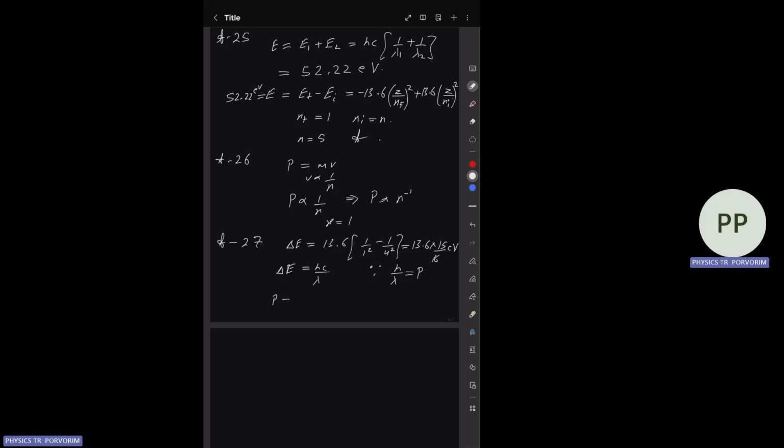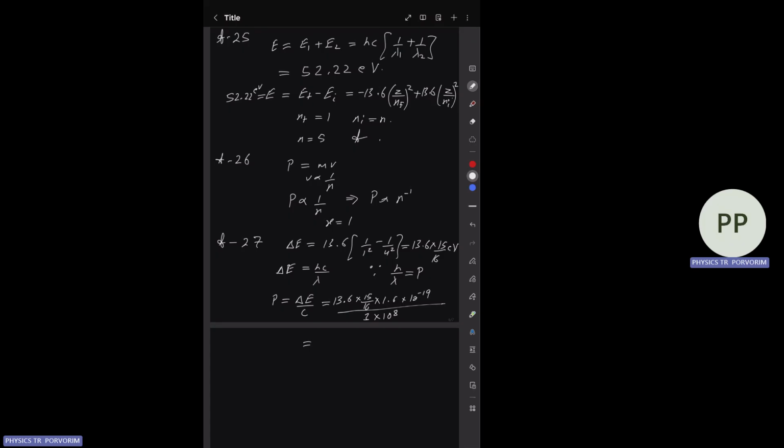So momentum can also be written as delta E divided by c, and delta E we have already calculated. Delta E is in electron volt, so we have to put the value of e. So let's put it like 13.6 into 15 by 16 into 1.6 into 10 to power minus 19, the whole divided by 3 into 10 to power 8.